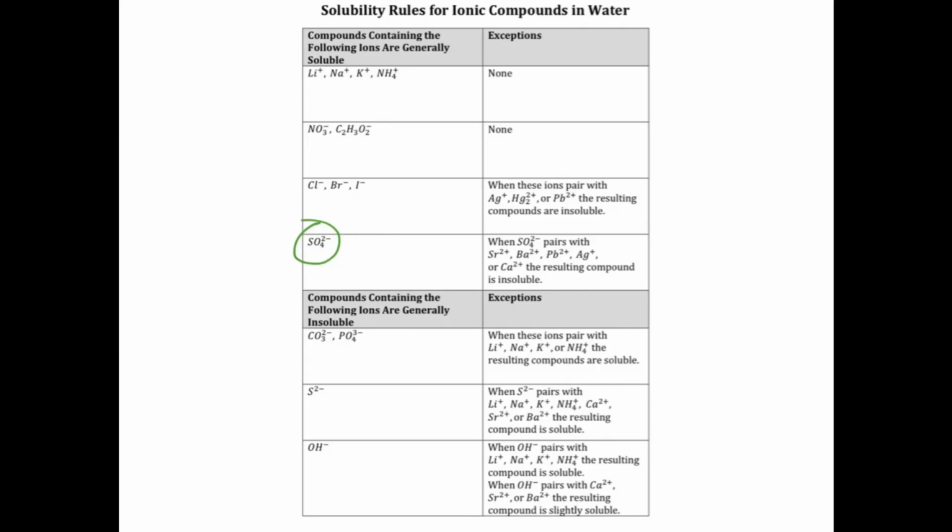Sulfate is typically soluble, so this is usually an aqueous ion, except when it's with one of these, where it's going to be insoluble. And if you take a look, barium is one of the exceptions. So sulfate typically is an aqueous ion in a compound, but because it's with barium, it's actually going to be insoluble.